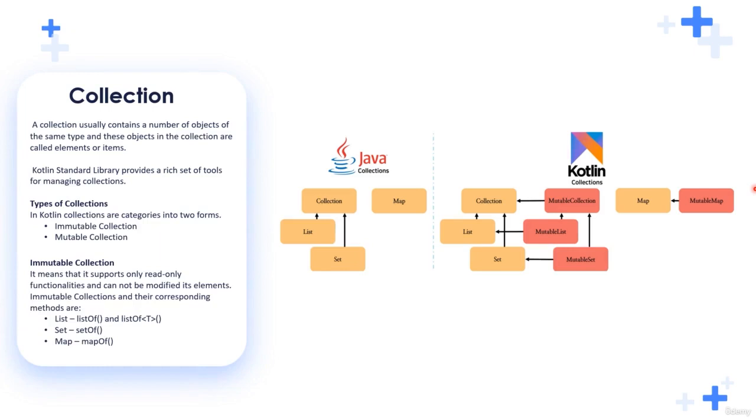Immutable collections and their corresponding methods are listOf, where we pass the generic type of the collection, setOf, and mapOf. So whenever you use listOf, setOf, mapOf, you are talking about immutable collections.